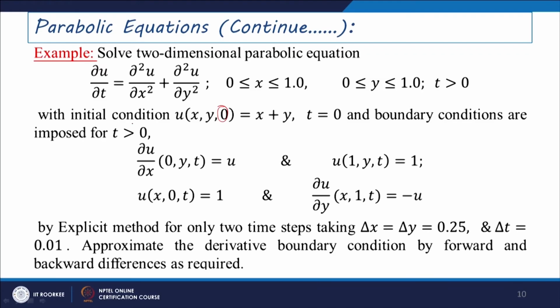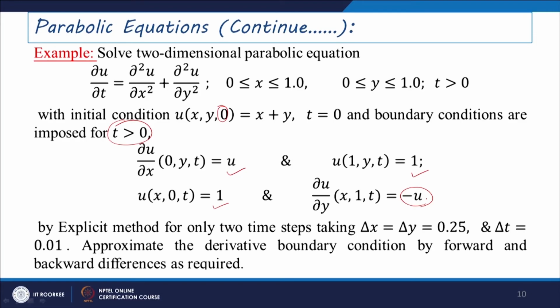So, that is why it is written as t greater than 0 here, and it is defined in the x direction at x equals 0, the normal derivative del u by del x equals u here, and at the last boundary, x equals 1, we choose u of 1 y t equals 1 here. And for y equals 0, it is given that u of x 0 t is 1 here, and the derivative condition del u by del y at the last boundary is considered as minus u.